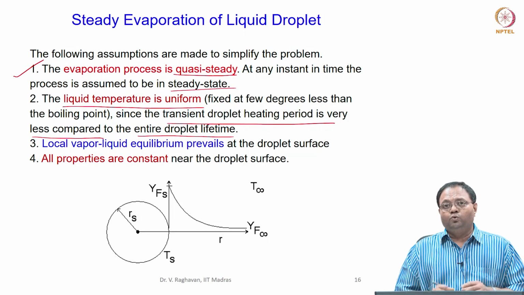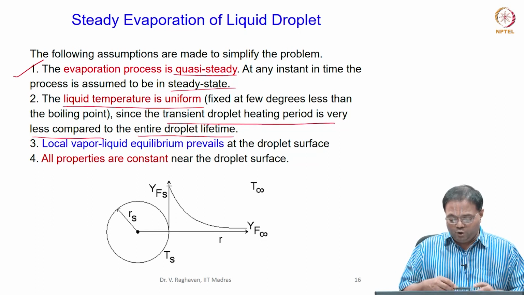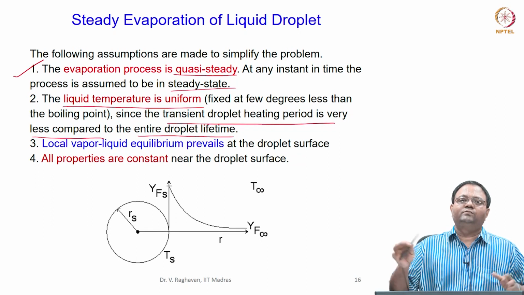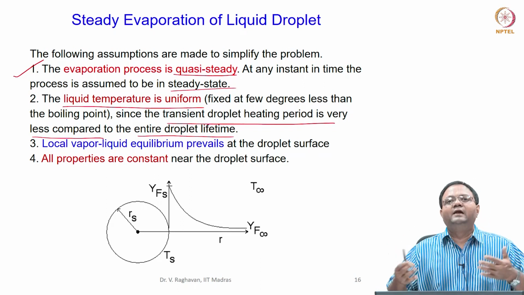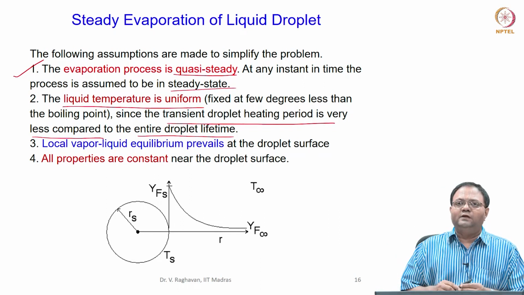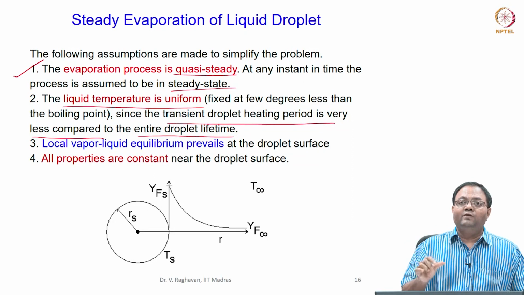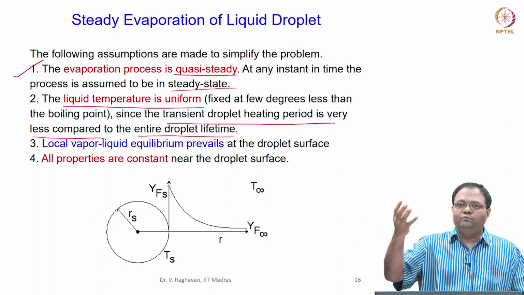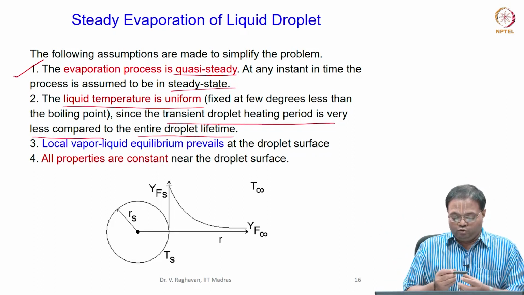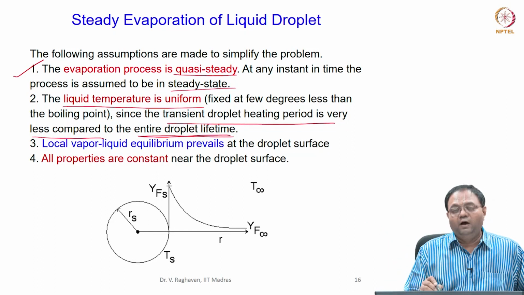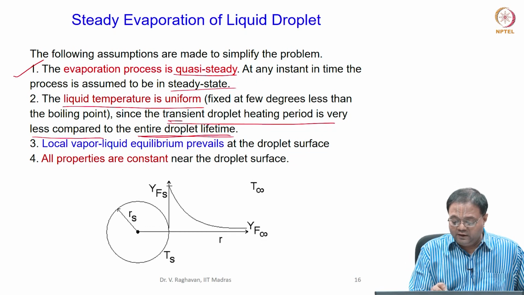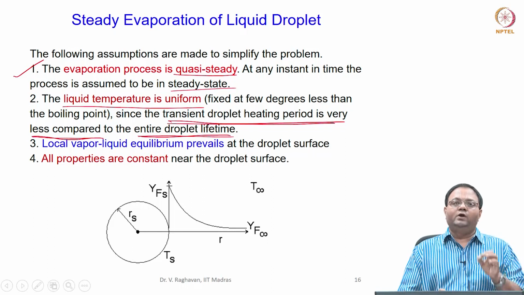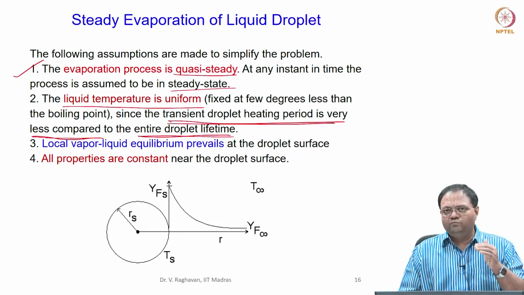So, now to increase the temperature from say 298 to say 365, something like that, that is the temperature which is finally attained, that time period is much lesser when compared to the droplet completely vaporizing from 1 mm to 0. So, the entire droplet lifetime is much higher than the heating period of the droplet, which will take its temperature from 298 to very close to the boiling point.